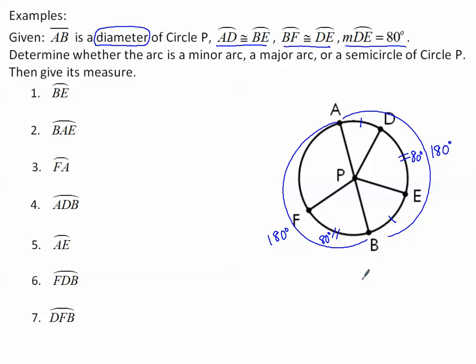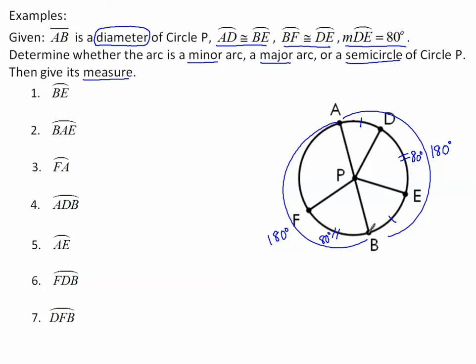Let's continue to read the directions. Determine whether the arc is a minor arc, a major arc, or a semicircle of circle P, then give its measure. So we have to do two things. If we have to give a measure, I'd like to fill out as much as I possibly can in the picture before I go to the given arcs. So let's continue by figuring out what's left over.